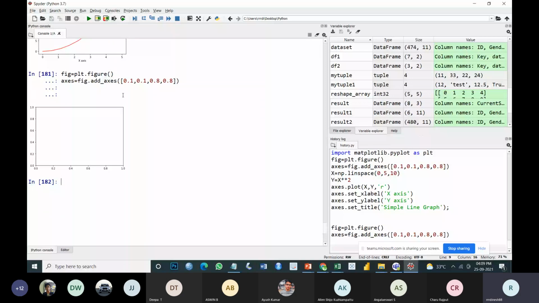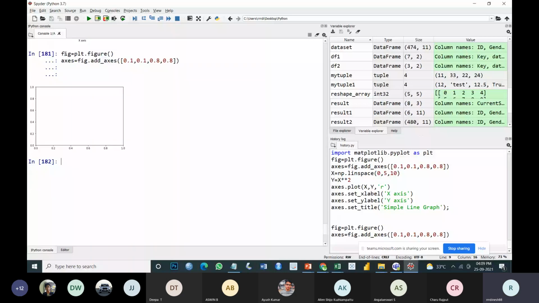So here fig is a variable name. fig equal to plt.figure, then axes equal to fig.add_axes of 0.1, 0.1, 0.8, 0.8. Okay, so we can get the x and y.